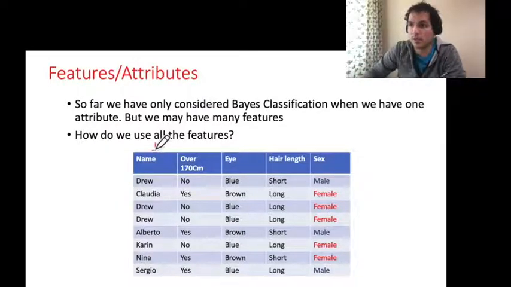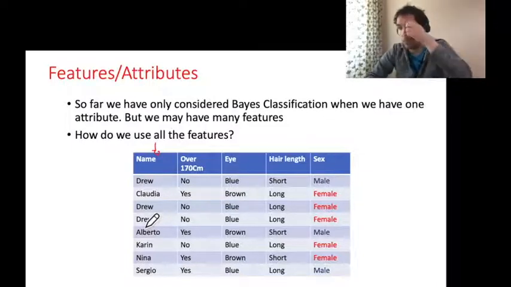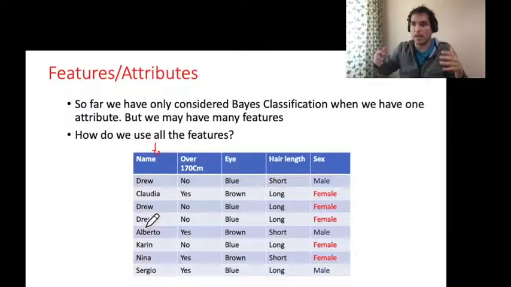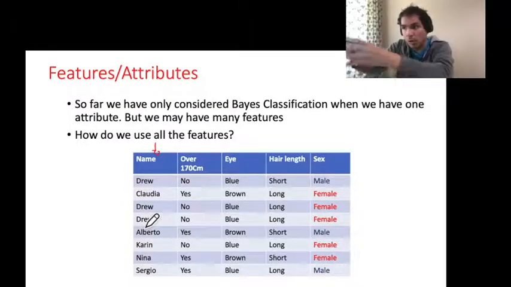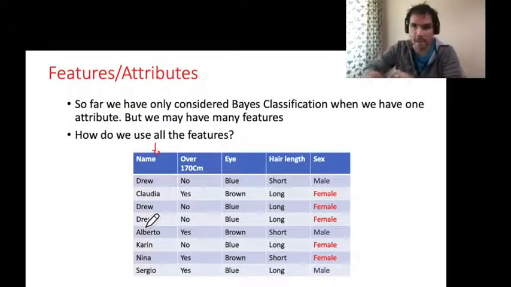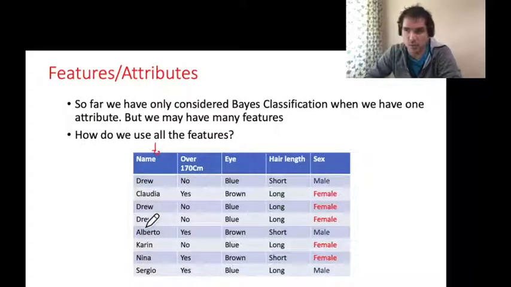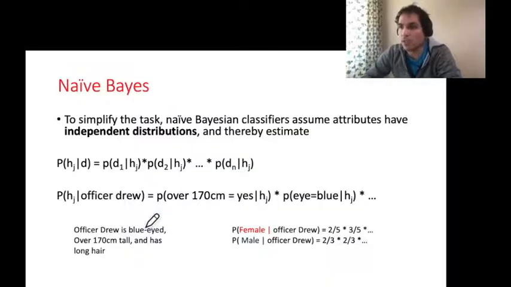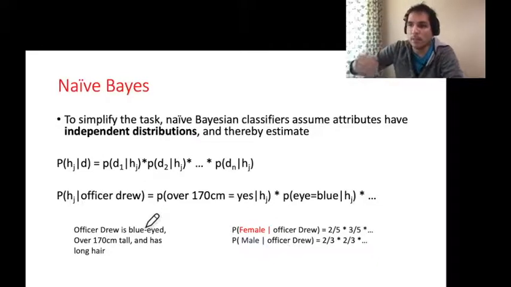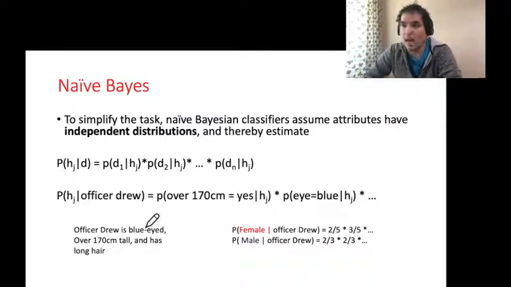We are assuming that all we know is that the name is Drew. But in real cases, we can have more features, and we can actually integrate all those features in the naive Bayes classification problem. All we have to do at the end of the day is computing all the probabilities and start multiplying all those probabilities. And I'm going to be showing that in a minute.